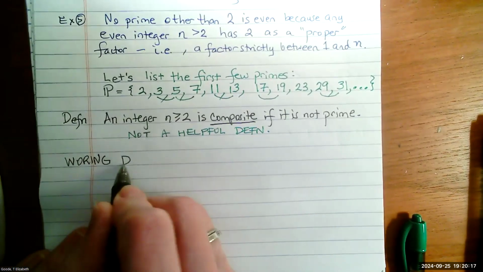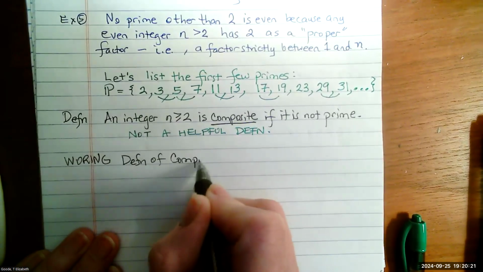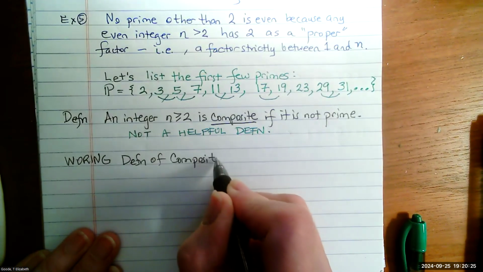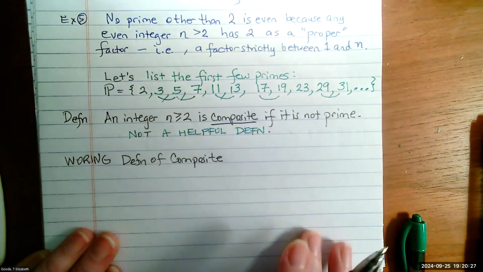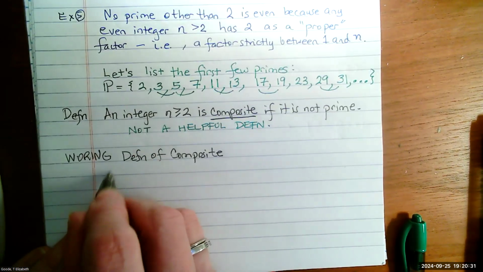It's the definition that we're actually going to use because it yields an equation and a couple of inequalities that we can actually do something with.